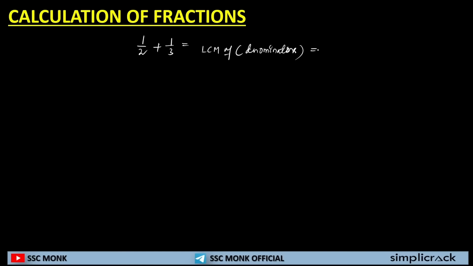Whatever the LCM of denominators you find out, you will write it like this: divided by LCM of denominators. Then for this particular question, you will do what?